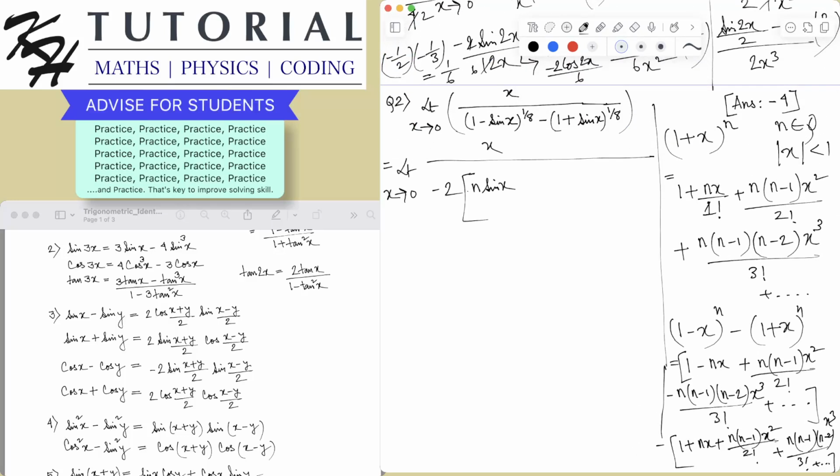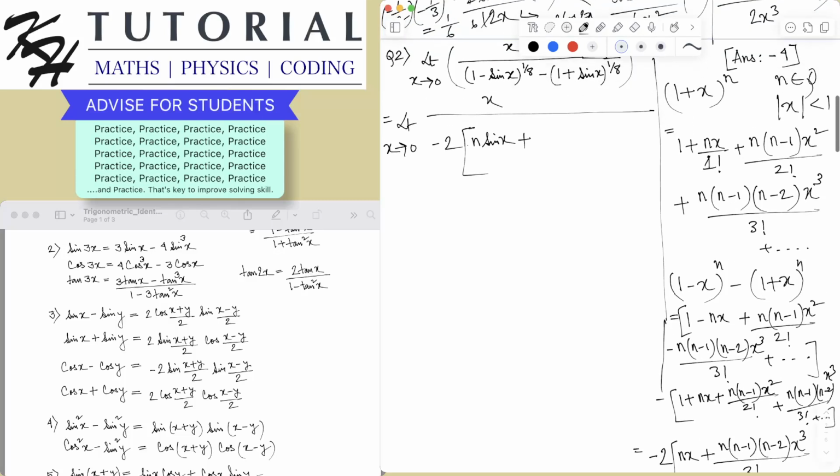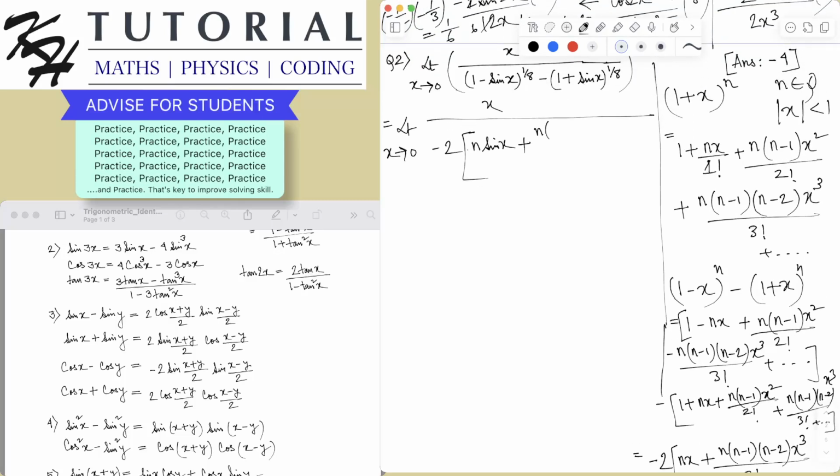Okay, let's see, nx, so nx plus n into n minus 1 into n minus 2. Remember, I am writing n, but actually it will be 1 by 8. Then sin cube x divided by 3 factorial, like this.